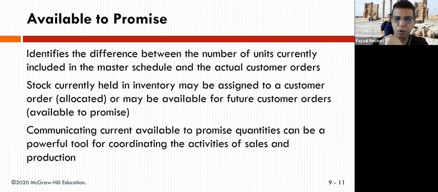The MRP will schedule that for you and work out how long it takes, so you can promise them a delivery. So communicating the current available to promise quantity can be a powerful tool for coordinating the activities of sales, marketing, and production.